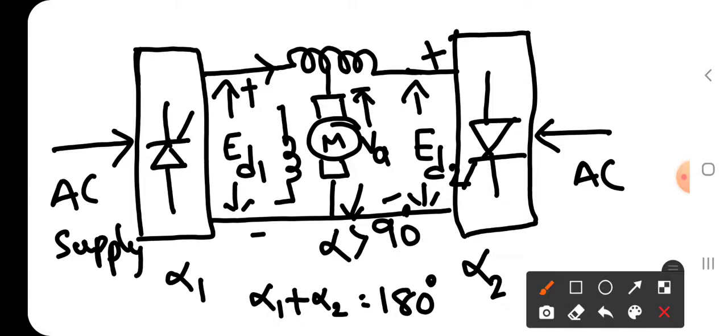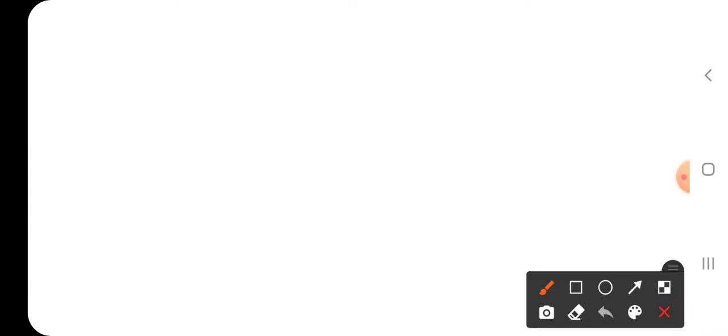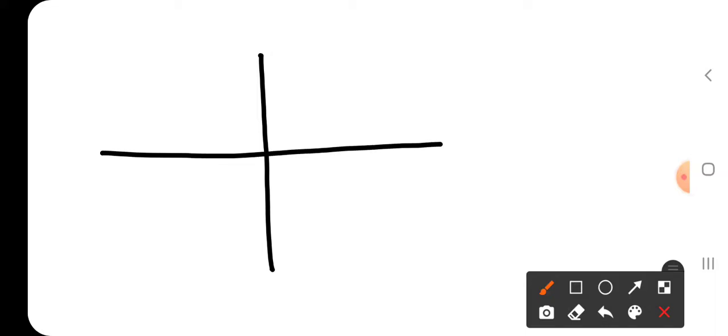Now let me explain how the motor will operate in different quadrants with the help of this dual converter. The four quadrants I will get with this diagram.